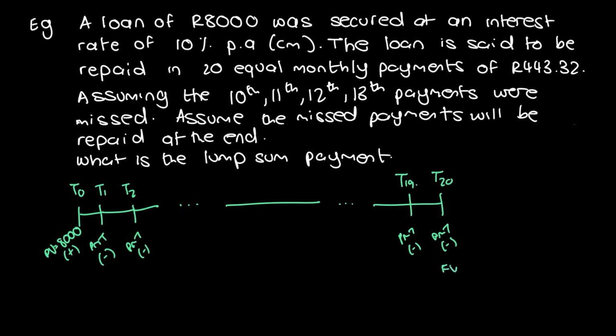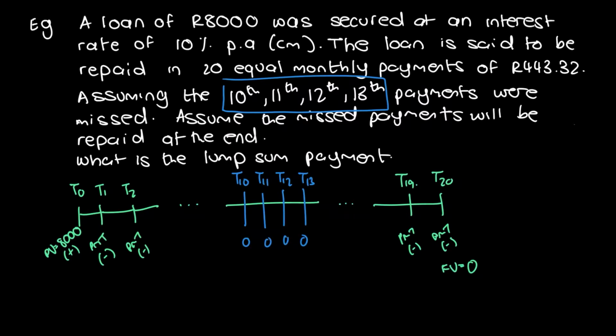And here we have our future value equal to 0. So that is the annuity that we discuss here. Now we're going to add in the fact that T10, T11, T12, and T13 are going to be missed.